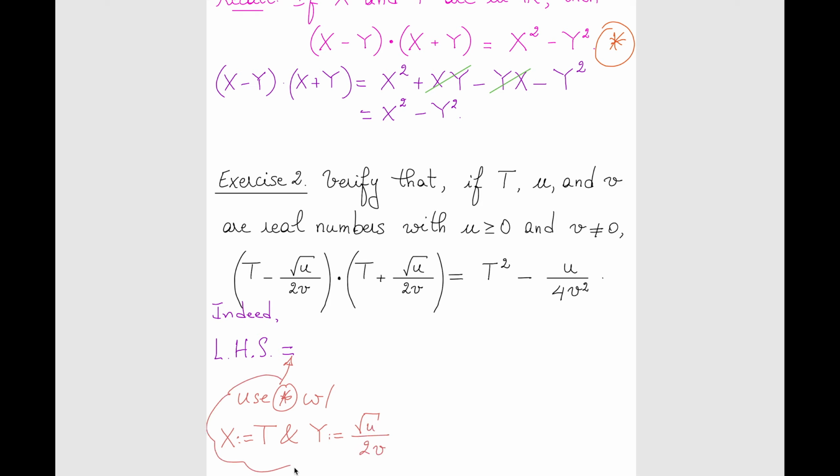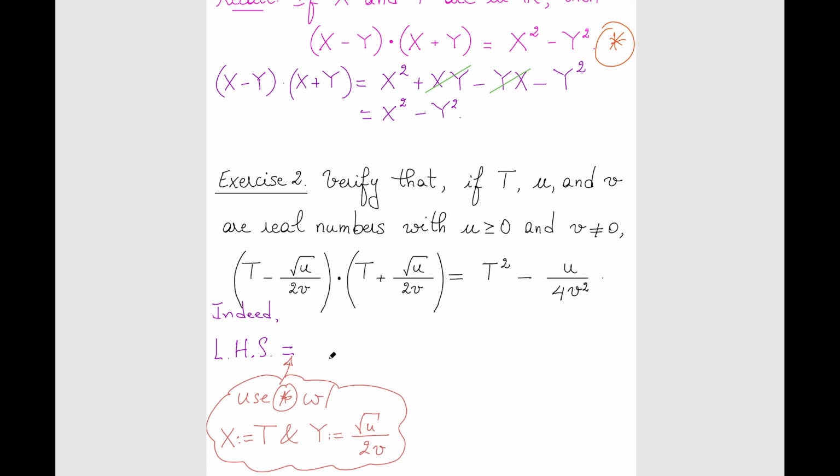This is what we said. If you see x as t and y as the square root of u over 2v over here, that left-hand side is exactly this left-hand side. All right, so instead of doing all this work in purple, I can just use the result of asterisk.